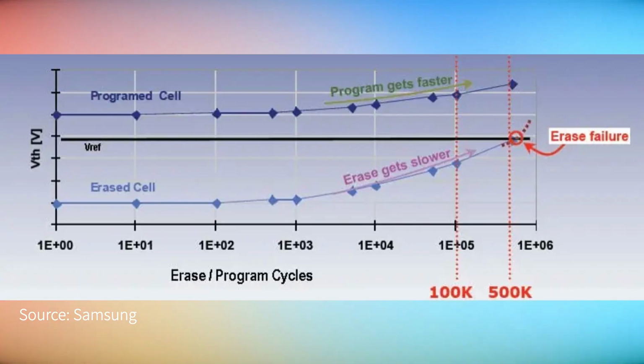And especially when you have 16 different voltage levels where you have to distinguish between, it becomes very difficult to tell which voltage is being stored in the cell if the threshold voltage is also continuously changing. Thus, endurance gets pretty bad as you add more bits or voltage levels to a single cell.